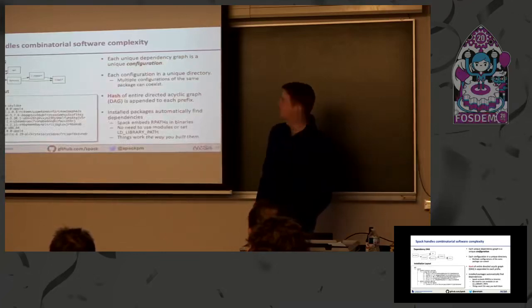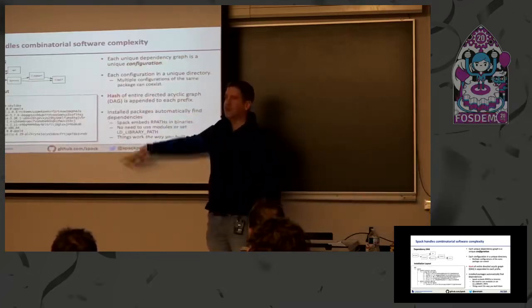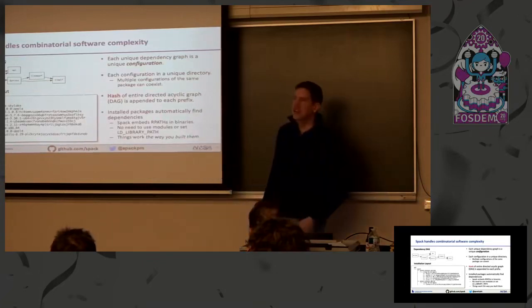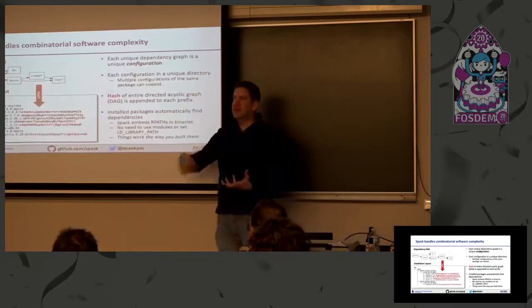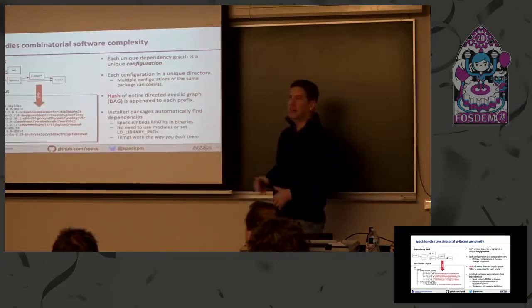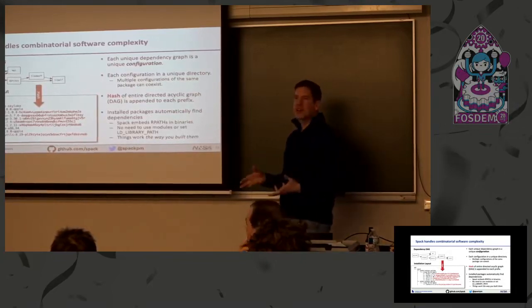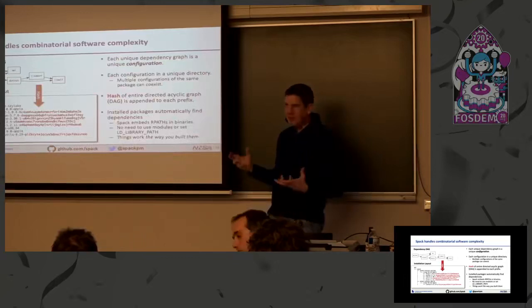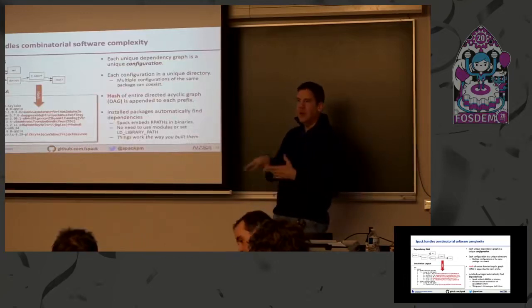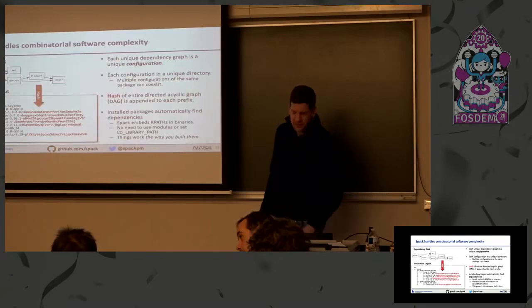We want you to be able to build this DAG, but configured lots of different ways. And so for each configuration of that graph, we generate a hash, and we install everything in its own prefix. And so as many versions as you want of all these different packages can coexist together. And they're all RPathed, so you don't have to worry about finding dependencies. You don't have to worry about setting up your LD library path. They all know where to find their dependencies when we build them.